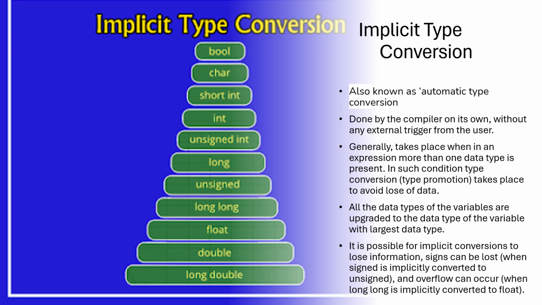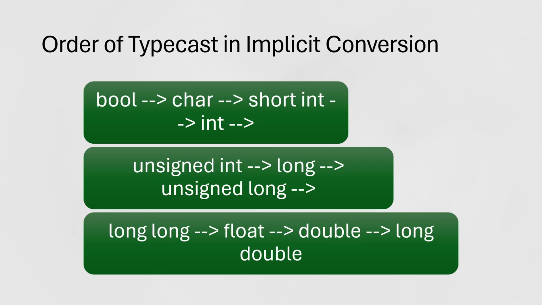All the data types of the variables are upgraded to the data type of the variable with the largest data type, that is, from lower to higher data type. It is possible for implicit conversion to lose information: size can be lost, sign can be implicitly converted, and overflow can occur when long. All these circumstances can happen during this.